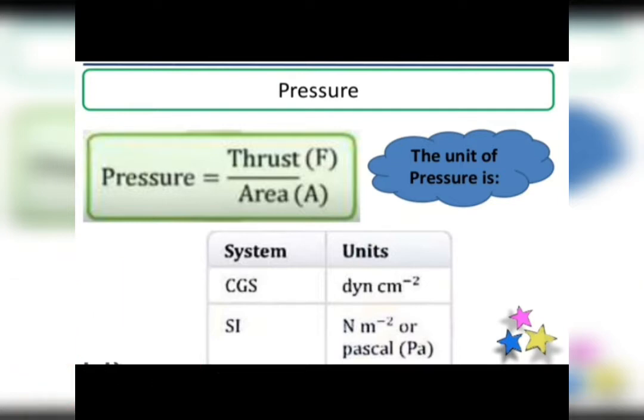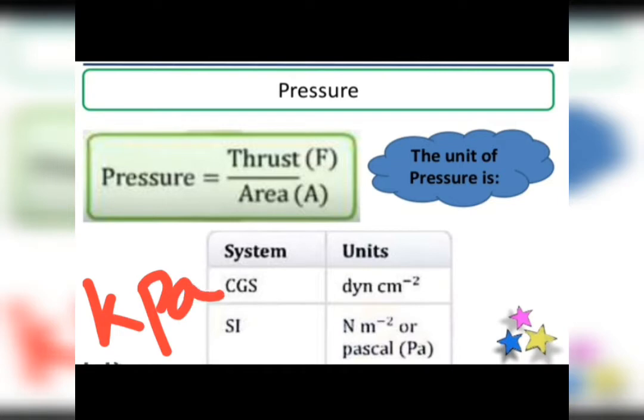So when 1 Newton of force is exerted on 1 square meter of area, our pressure, the effect of force, would be equal to 1 Pascal. Pascal is a very small unit of pressure. A bigger unit of pressure like kilopascal is also used, and the symbol for kilopascal is this. And 1 kilopascal is equal to 1000 pascals.